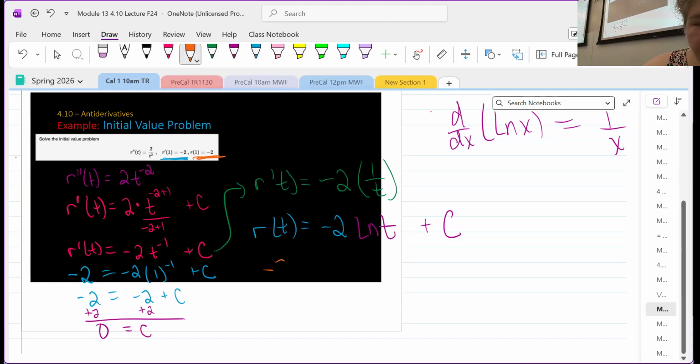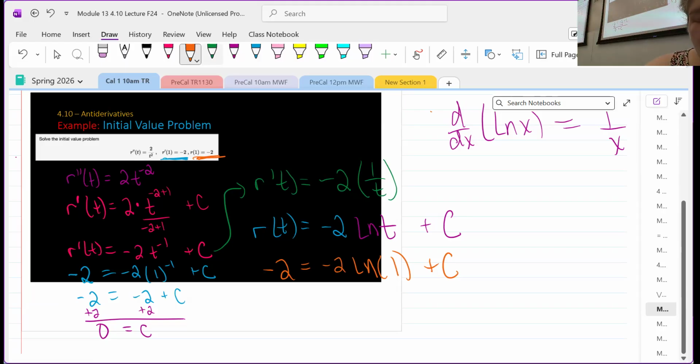So this will be -2 equals -2 times the natural log of 1 plus c. Now, natural log of 1, my brain always has to step through hoops to remember what this is. So the short answer is type it on the calculator. But this is saying e to what power equals 1. The only way to get 1 is if we get e to the 0 power.